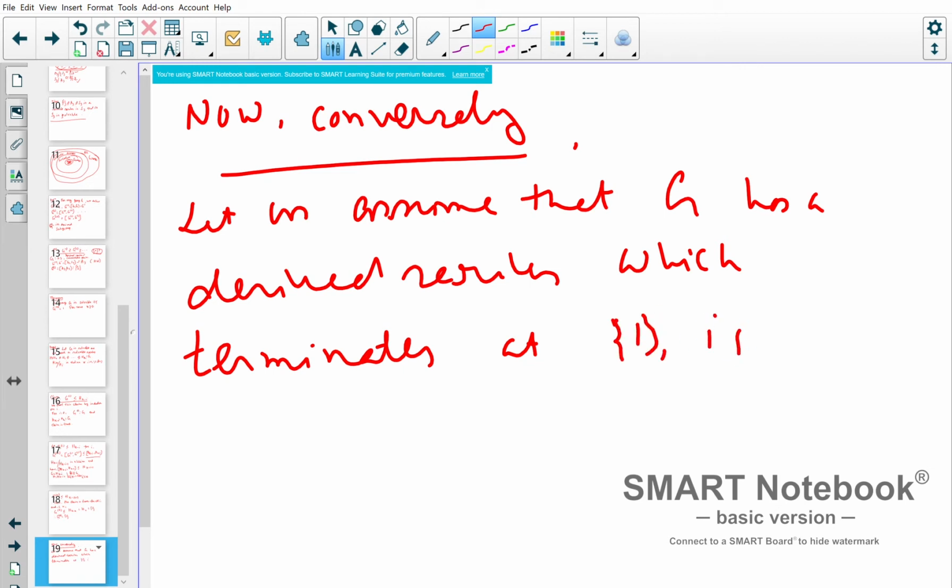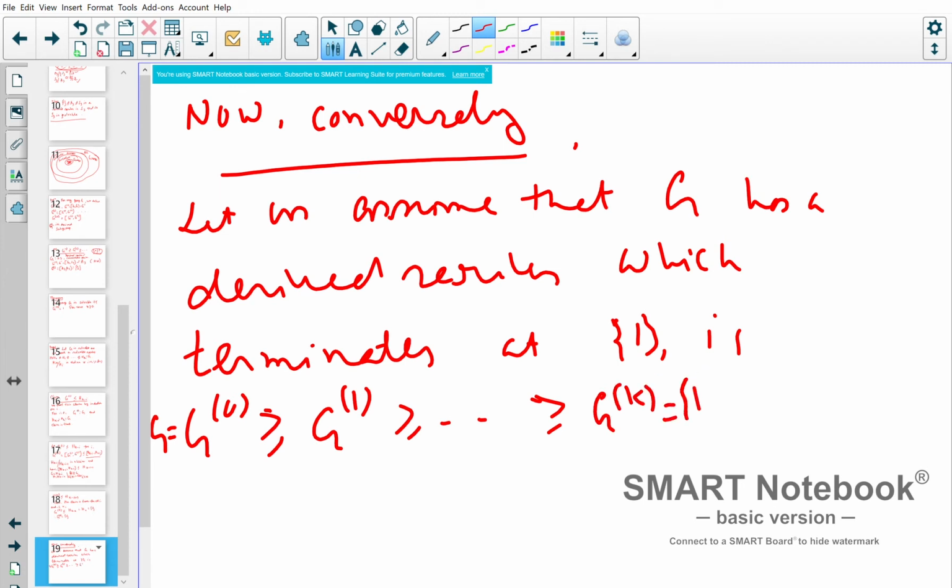That is, you have G0, which is G itself, and then G1, and so on, and then you have some Gk, which becomes the identity. Okay.